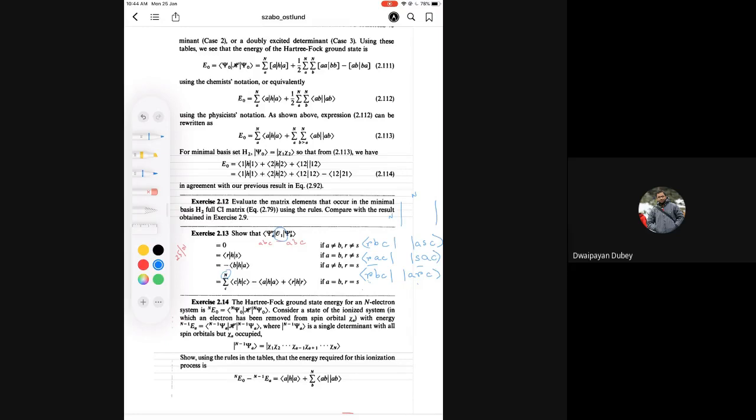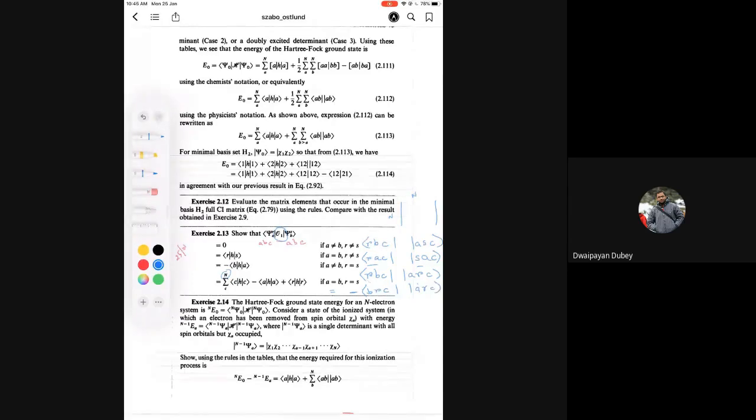I can switch either one. Let's say I switch the bra. Then I get minus BRC, ARC.